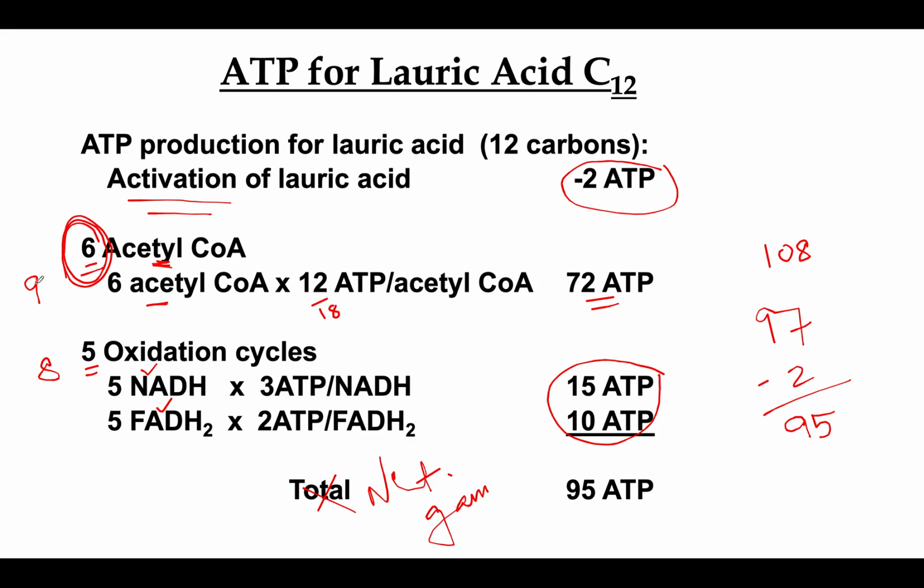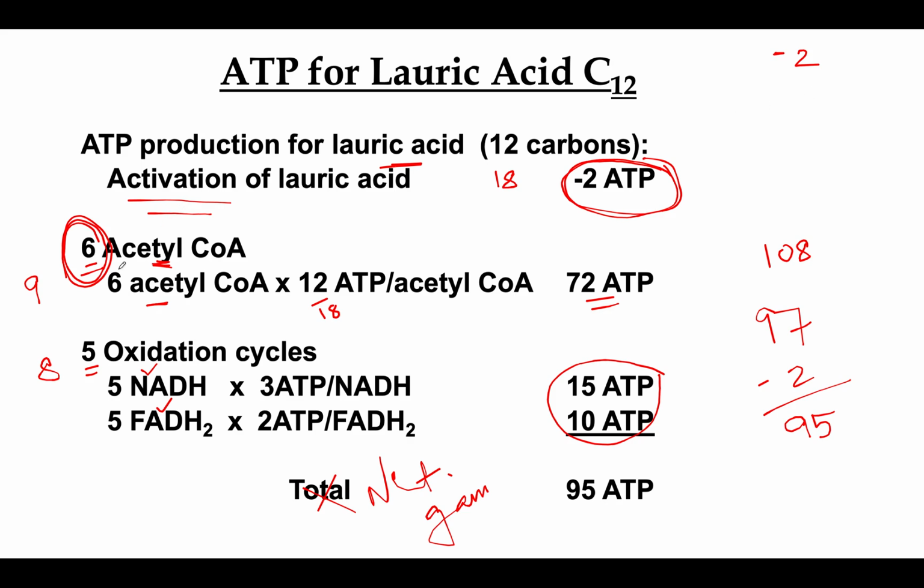However, these numbers change, but this particular part will not change. Whatever the number of carbons, I will always require only 2 ATP molecules for the activation phase, where I transport the fatty acid from the cytosol inside the mitochondrial matrix. So even if this is 18 carbon, I will still use 2 ATP molecules. If I want to write this down, there will be minus 2 for the activation phase.